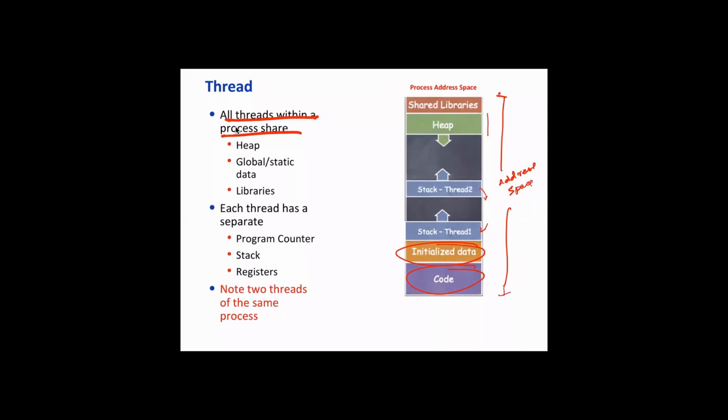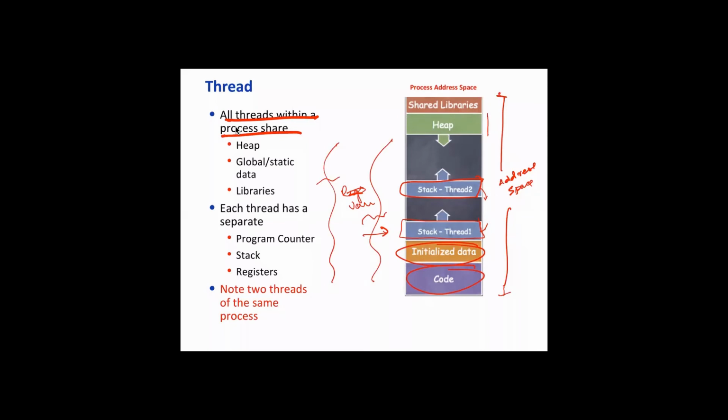Stack is different, which means local variables, etc. are different for both threads, because they are in different states of execution. If thread 1 is here, thread 2 could be somewhere else, so register values and corresponding variables will be different.